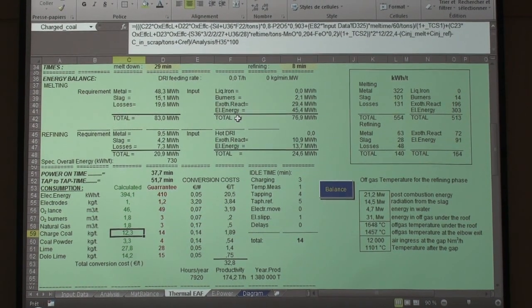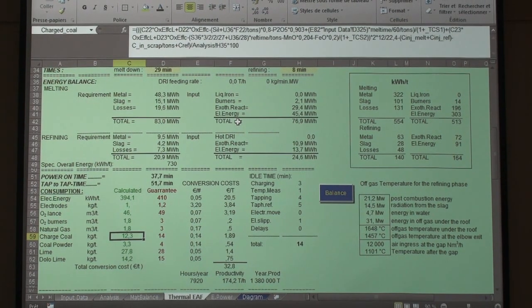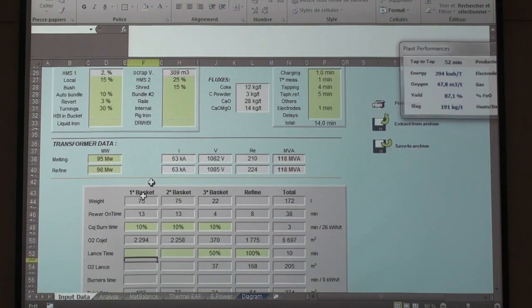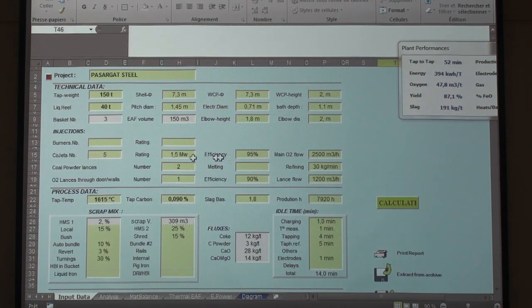That means we design the furnace with, let's say, the optimum oxygen consumption. That means here we have put enough cojets and enough lenses to achieve, for example, here it's a bit too big, but let's say we want to achieve 45 cubic meter oxygen.